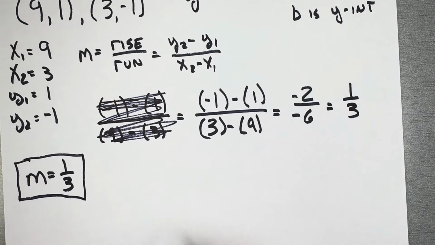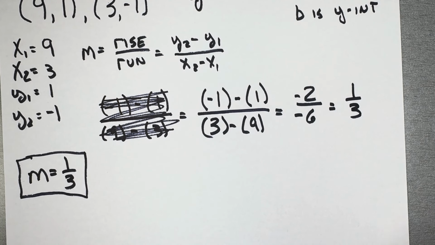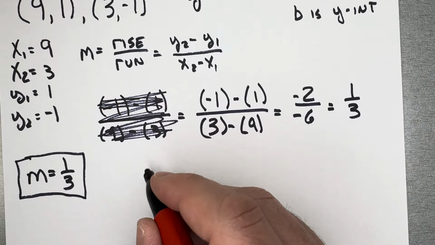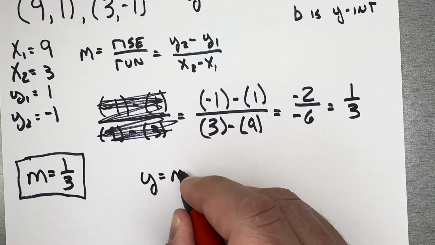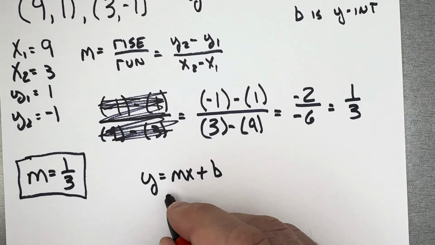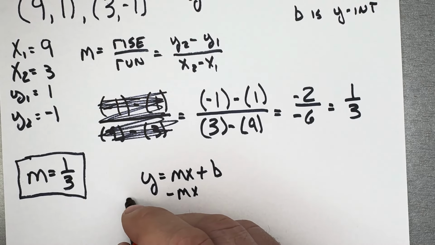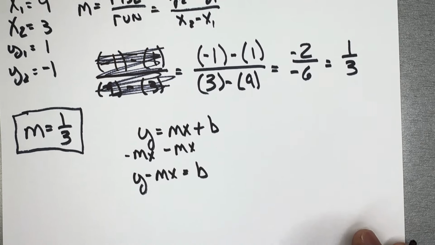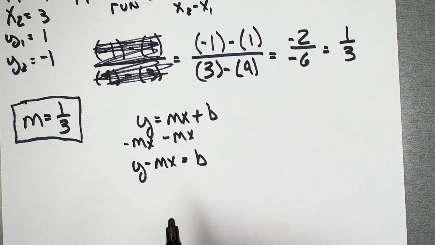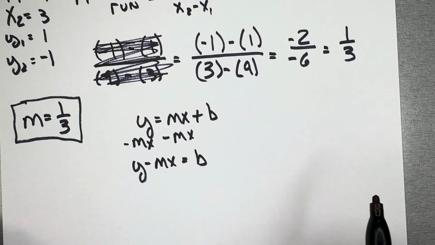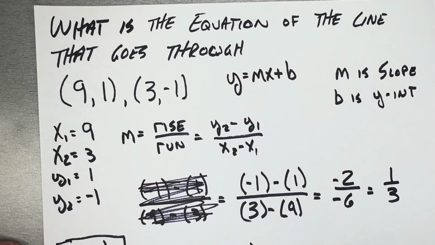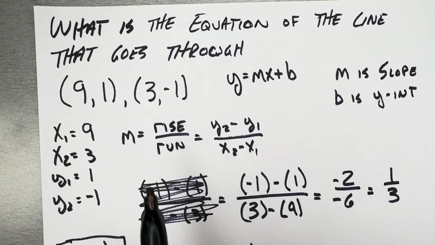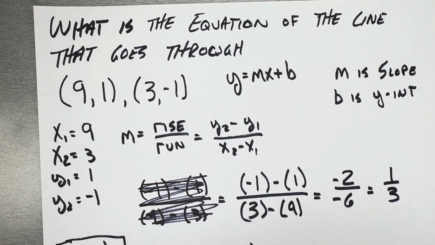I need that, and now I need b. So I can take my equation, y equals mx plus b, and solve for b. I get y minus mx is equal to b, and I can take this new equation and plug in things that I know. I know that m is 1/3, and I can take either one of these points, the x and y values, to plug in to solve for b.